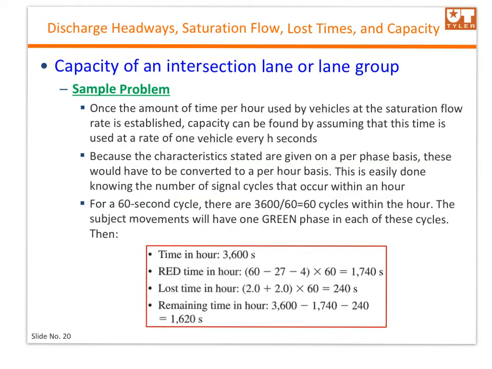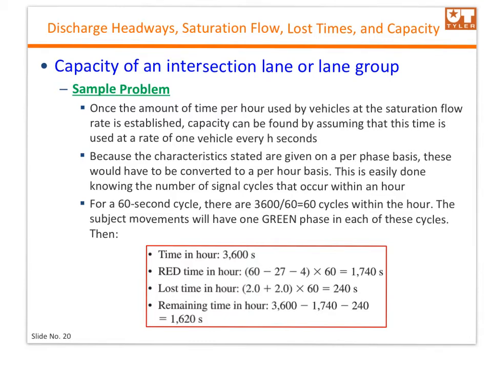The very first step is that once the amount of time per hour used by vehicles at the saturation flow rate is established, the capacity can be found by assuming that this time is used at a rate of one vehicle every h seconds. Because the characteristics stated are given on a per phase basis, this has to be converted to a per hour basis.